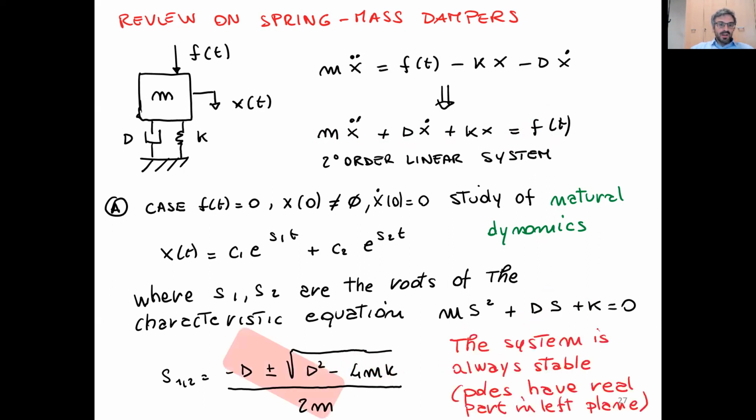In particular, the system is always stable because we have a negative real part, and this part either will be imaginary or real. But in case it's real, it is never making the real part positive. So a spring damper system is always stable.